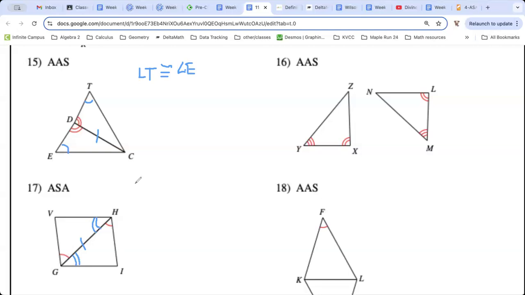Okay, so for this one, angle VHG must be congruent to angle IGH. The angle measure of IGH.